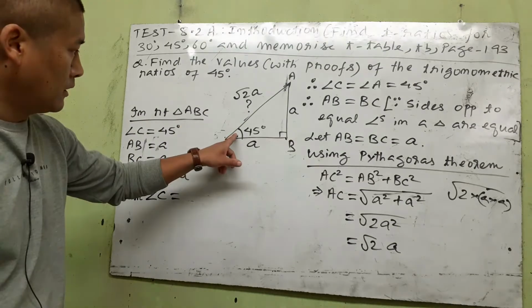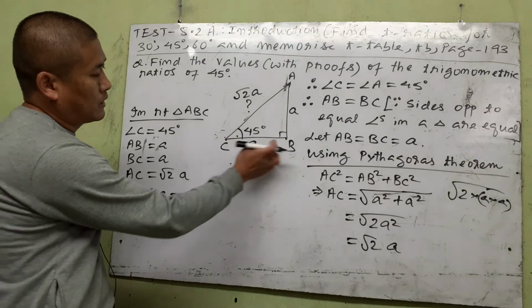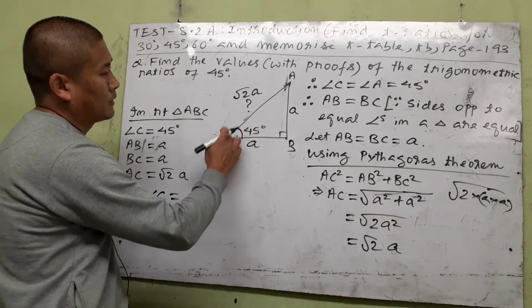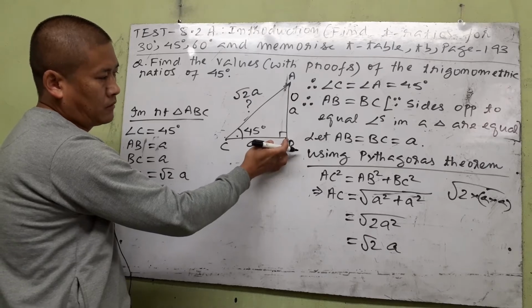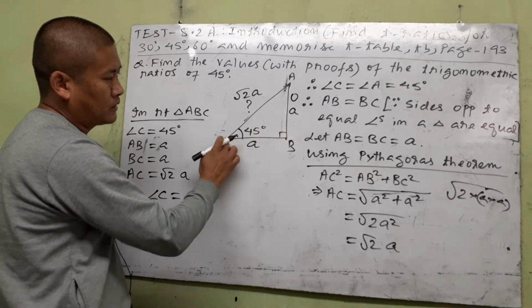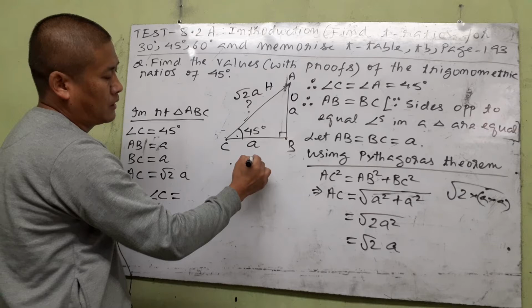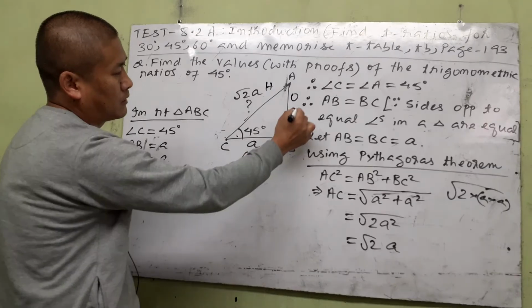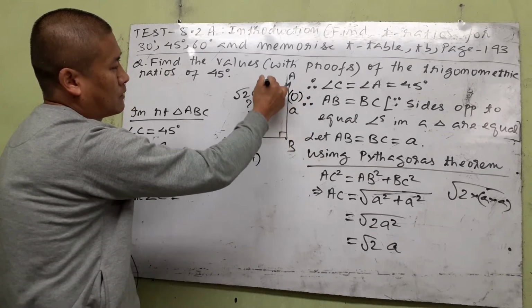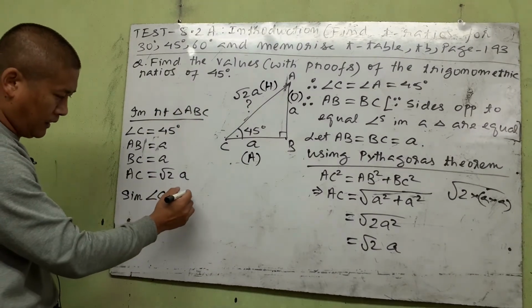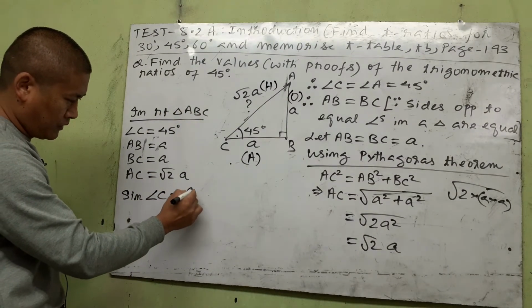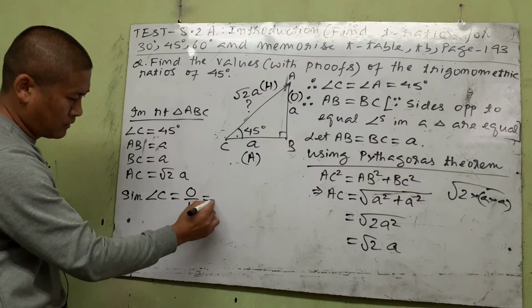If you take C, the two arms are BA, CB and CA, so the opposite comes here. Now the two arms of 90 degree are BA and BC, so the hypotenuse comes here. And the one unmarked here is the adjacent, BC.